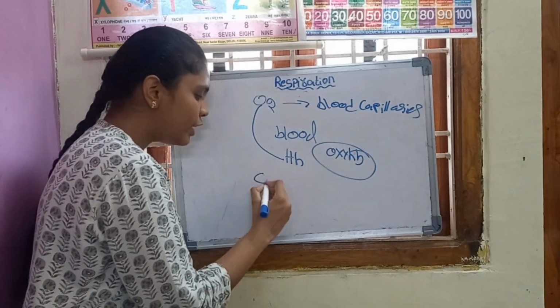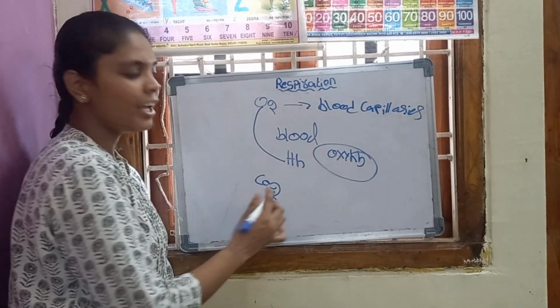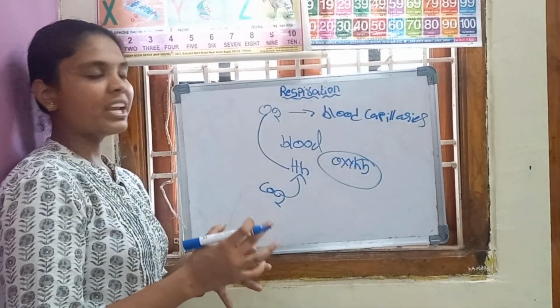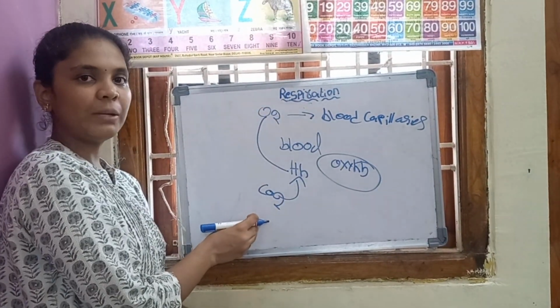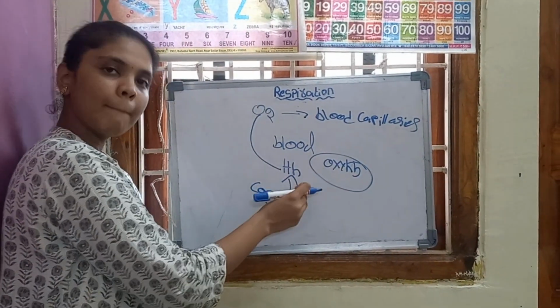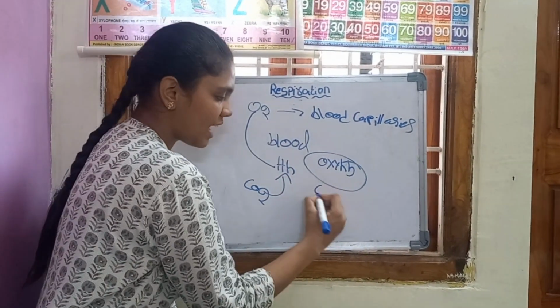And CO2 also has the capability to combine with hemoglobin. According to the pressure gradient, O2 and CO2 will be combined with the hemoglobin.